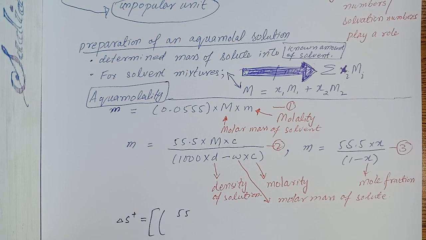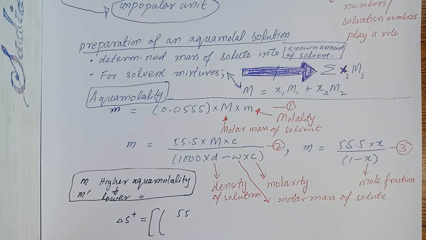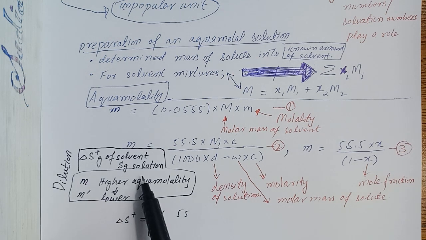Dilution from higher aquamolality to lower aquamolality. The higher aquamolality is represented as italic M and the lower aquamolality is represented as italic M dash, and delta S plus grams of solvent to S grams of solution.